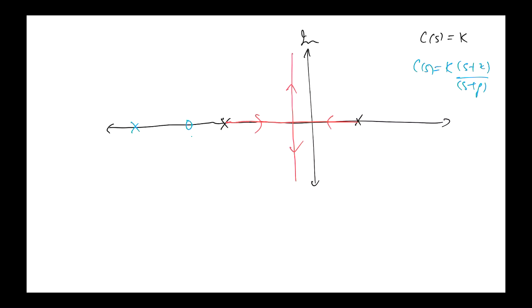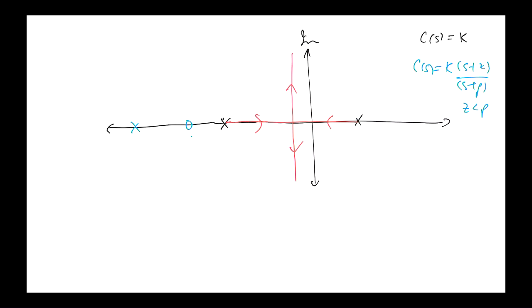Where z is less than p. All right? So that the pole ends up being further away from the imaginary axis than the 0. Then the effect of that is to move the asymptotes, right, to the left, further away from the imaginary axis.